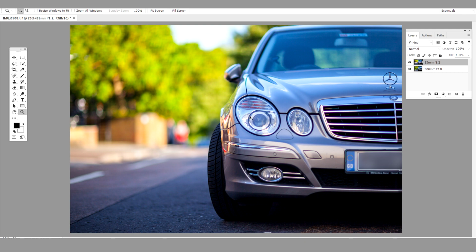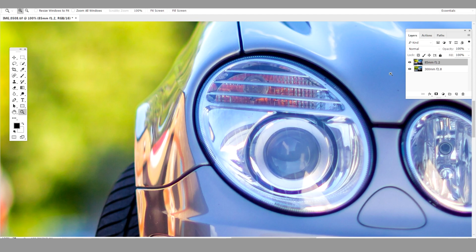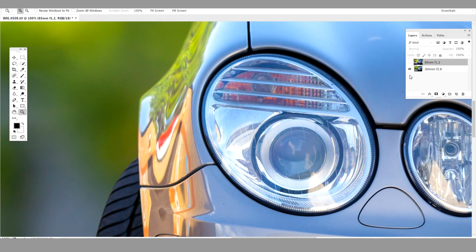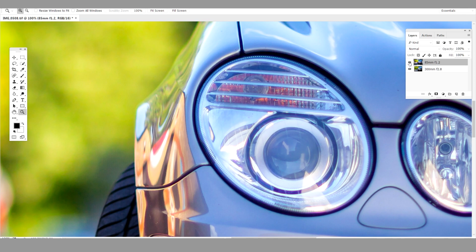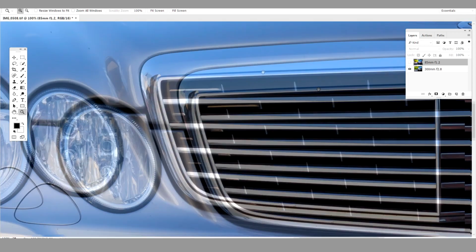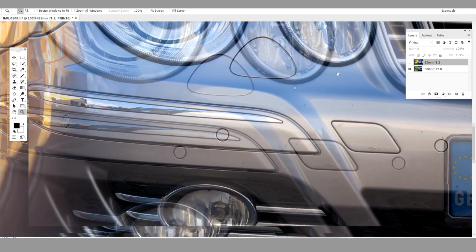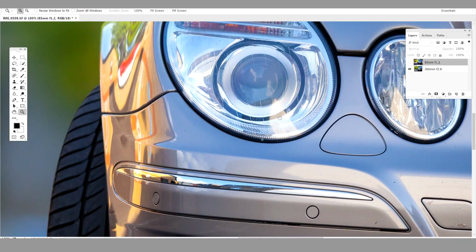And when we go to 100% and we see the sharpness, this one is 300mm 2.8, this one is 85mm 1.2. With the 300mm it's much sharper, even here in the corner, also here in the front, everywhere.